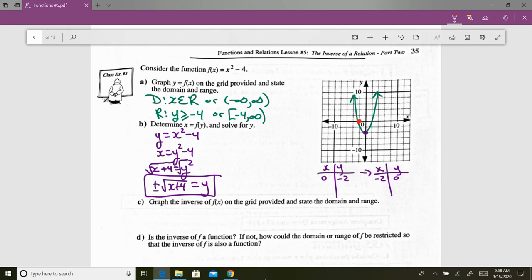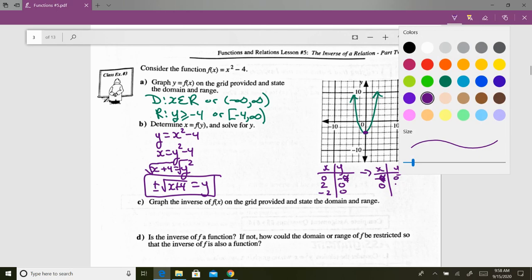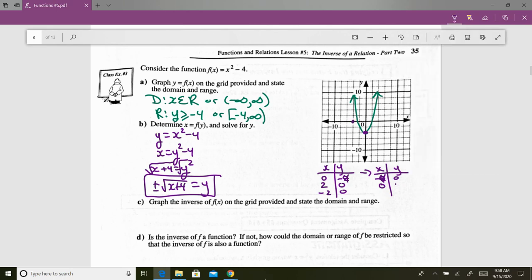This point here is 2, 0. And I have -2, 0. Yep, thank you. I was just testing you. 0, -2.